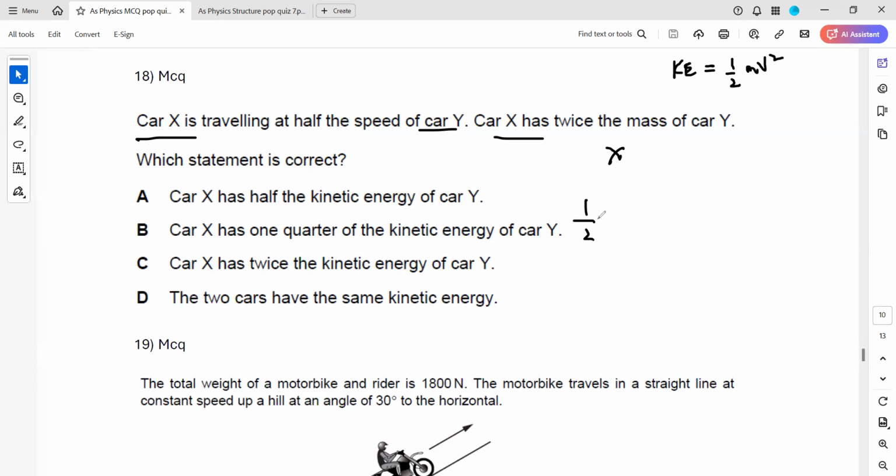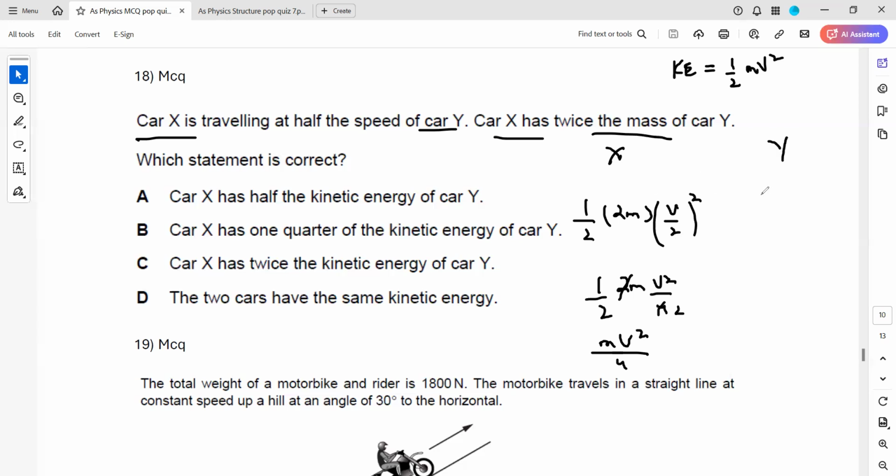The mass is twice, so it will be 2m, but the speed is half, so the speed is v by 2. When I simplify, it will be half times 2m v square by 4, which is mv square by 4. That is the kinetic energy of X.